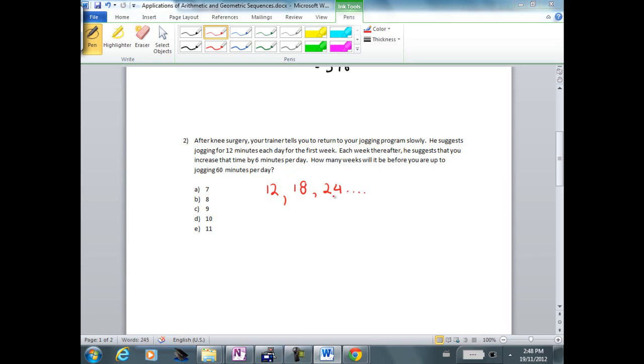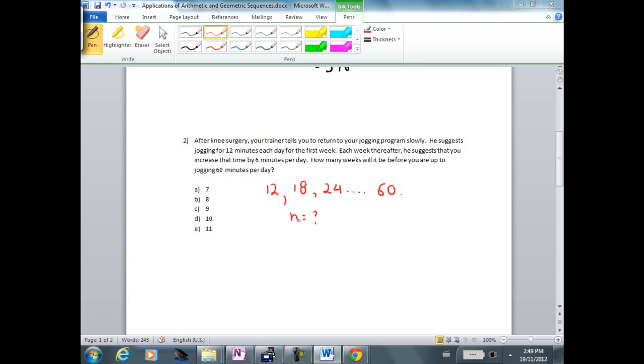Now, what they're really looking for is what week are you going to be at when it gives you up to 60? First of all, we always determine: is this arithmetic or geometric? Arithmetic. TN or SN? TN is correct. So right off the bat, in this case, I'm looking for n.